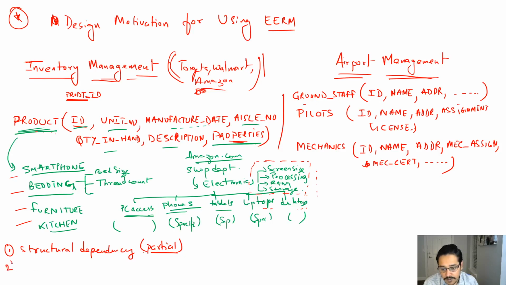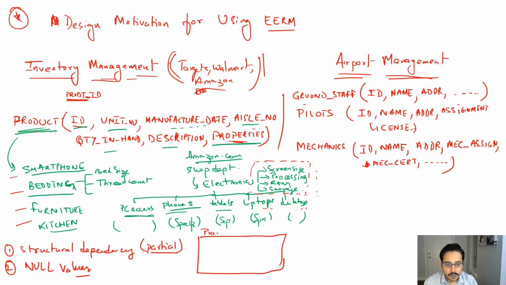The second problem is null values. And why? You should be able to answer this question. Why will there be a lot of null values? It's quite self-evident. We are thinking that there is a single table of product.